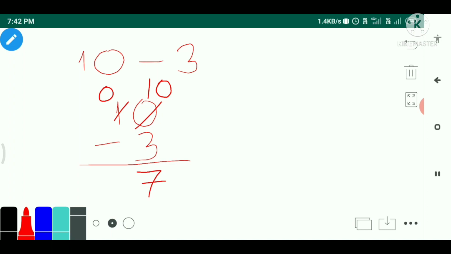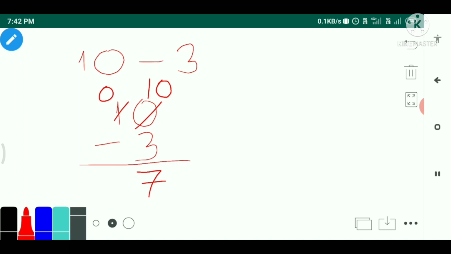We can also do this by simple subtraction, 10 minus 3. In order to remind you of regrouping, I just showed you how we can borrow from the number placed before a number.